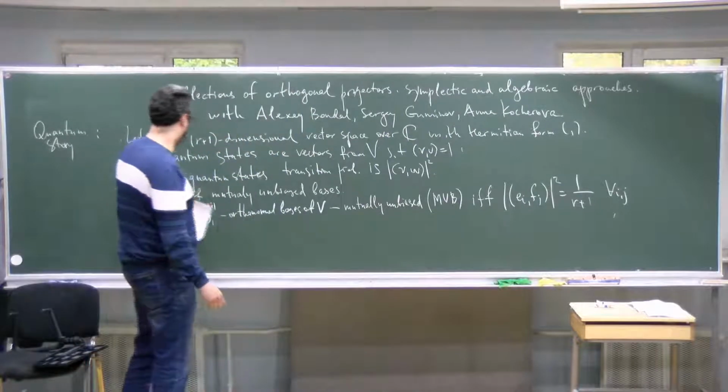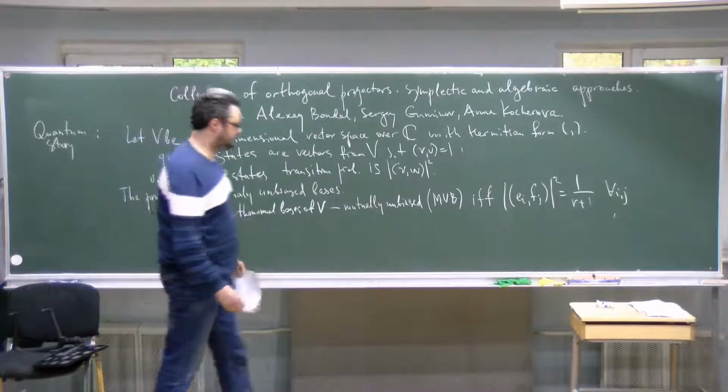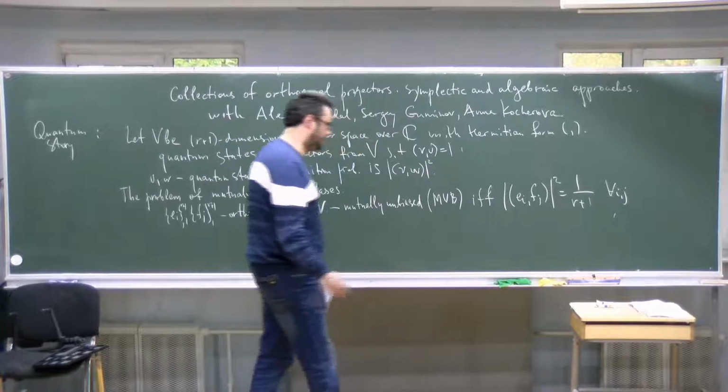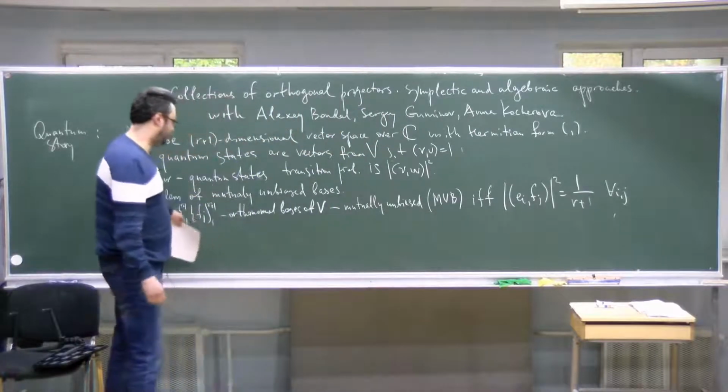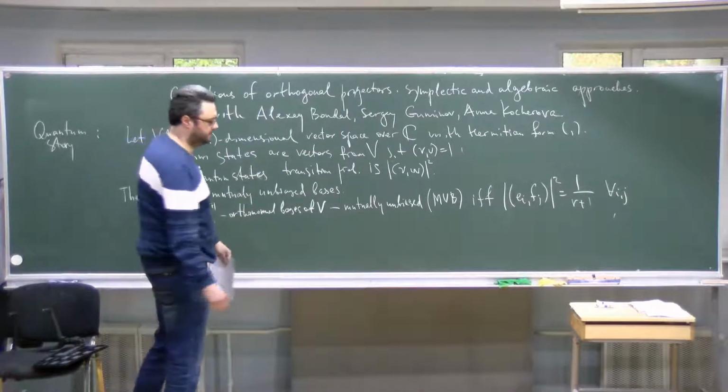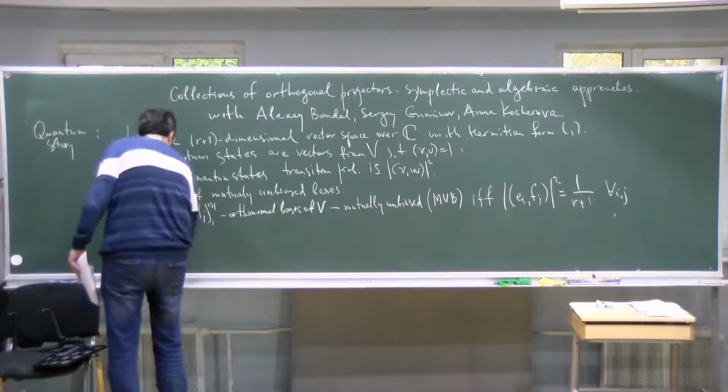The problem of mutually unbiased bases is the classification of these bases up to unitary equivalence.